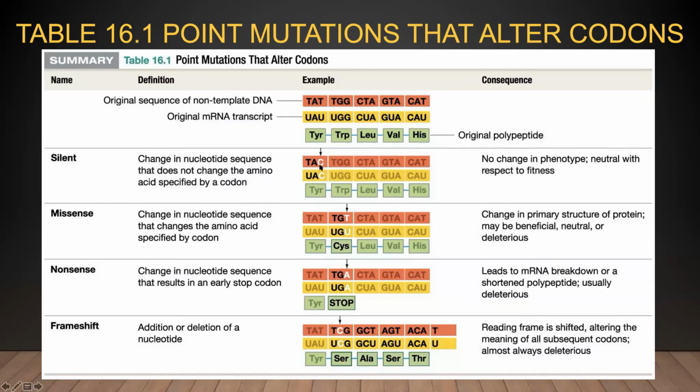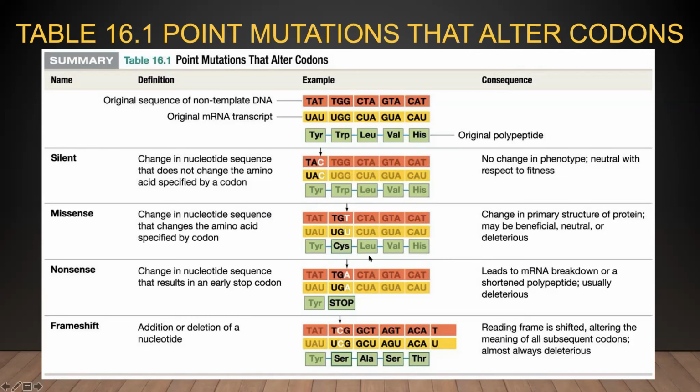So even though we changed this T to a C, we still end up with the same amino acid, so nothing down here changed. A missense mutation, so here the mutation did cause a change in the type of amino acid that was inserted, but it didn't change the rest of the amino acids downstream.